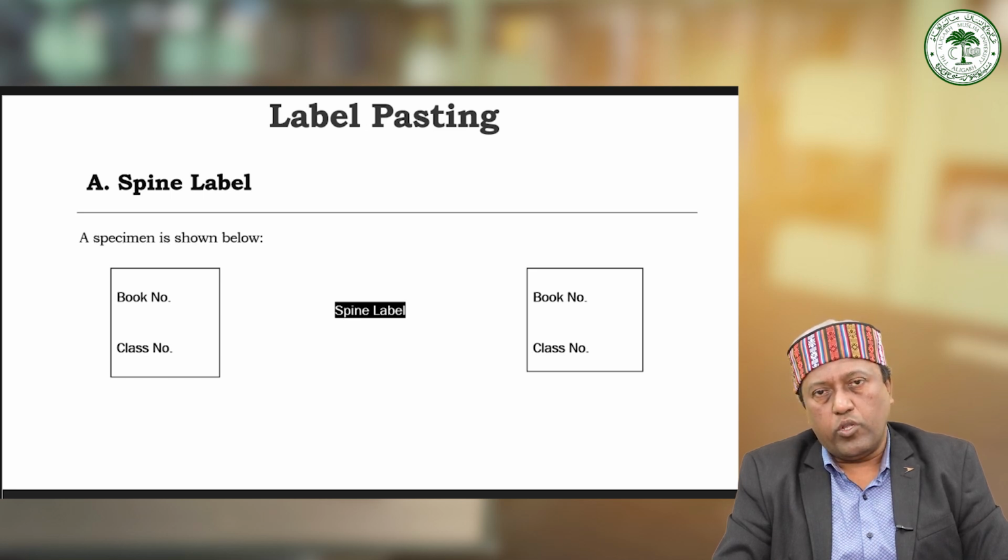Basically the job of cataloging and classification is that all the books of same subject and same topic should come together. So by virtue of the class number, all the books of same subject and same topic will come at one place, so that you can differentiate when you are moving across the shelf.